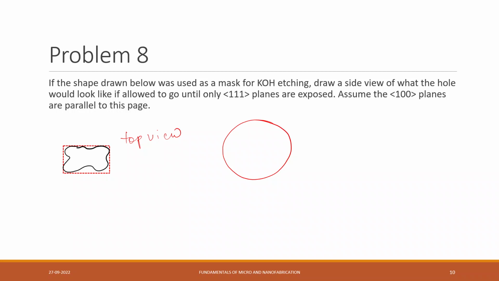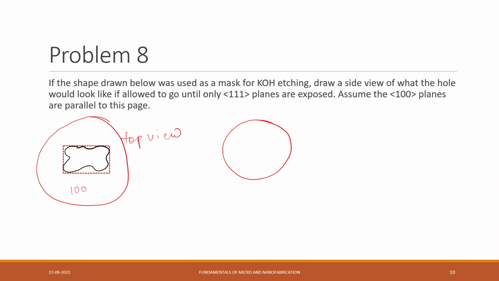We will go to the answer then. Yeah. So essentially, if we assume this to be on the wafer, we saw that we only get the etching after it etches, like this is the 100 plane.